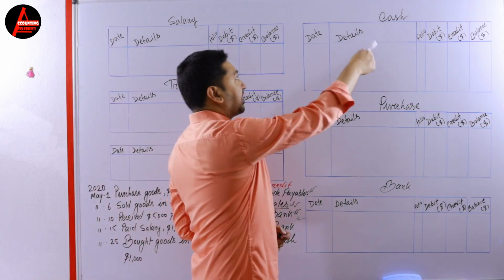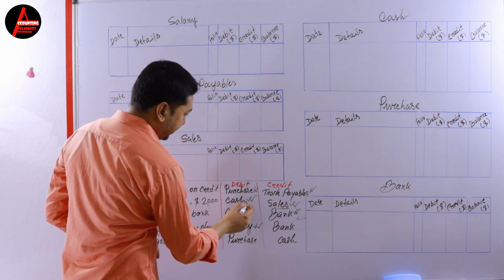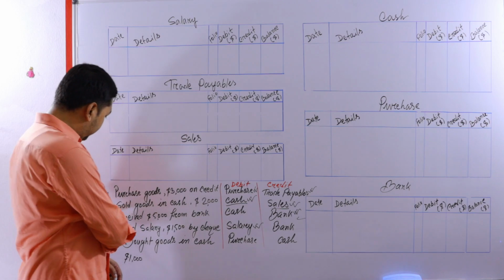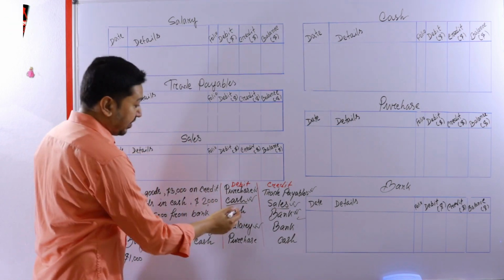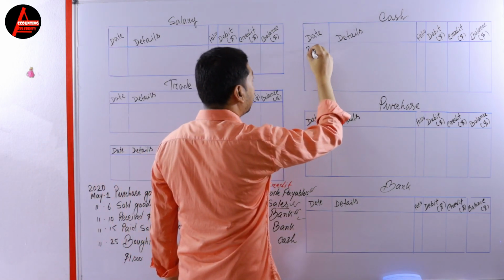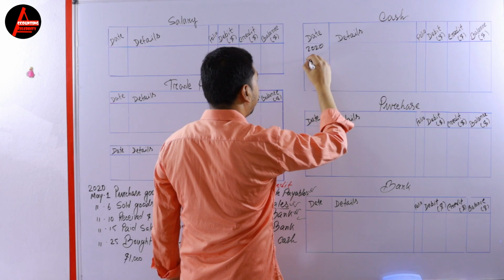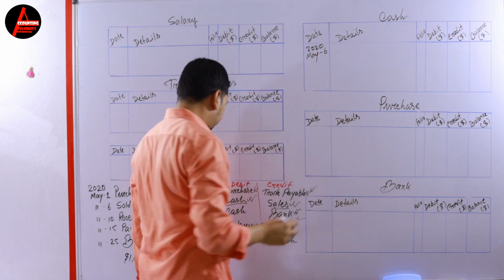So let us do cash first of all. What is the first cash transaction? Yes, the first cash transaction is on 2020 May 6. Cash is debited here, so let us come to the debit side. 2020 May 6.